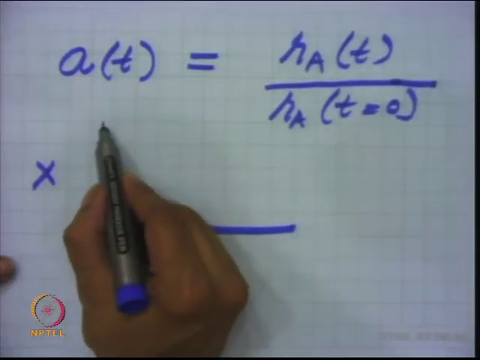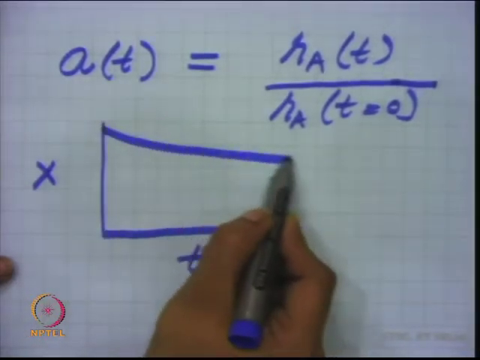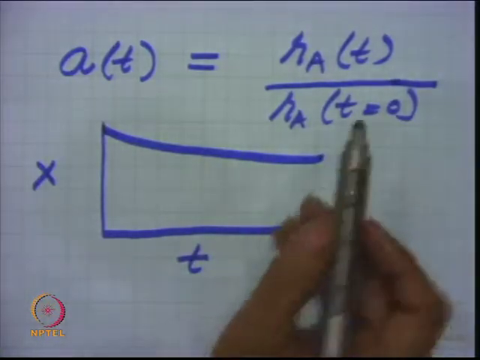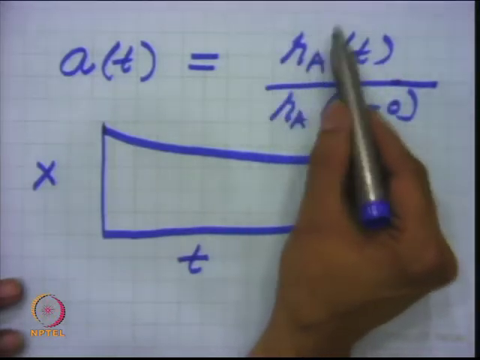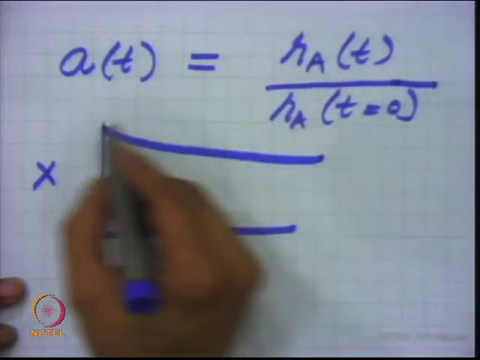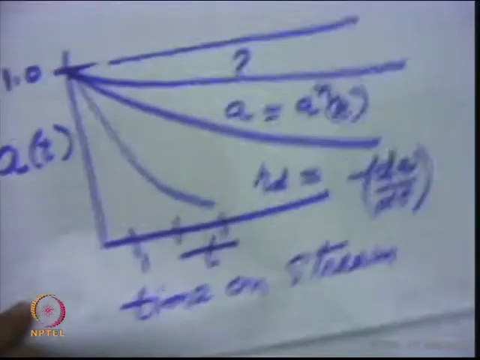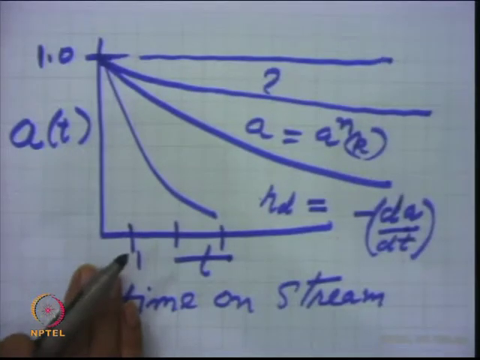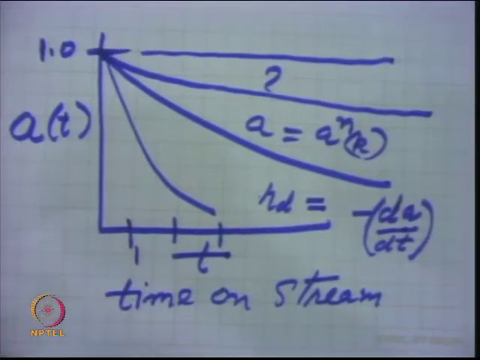If the catalyst deactivates, then the conversion will drop like this, or this can be calculated in terms of the selectivity of the desired product, and rate. So, the activity of a catalyst will drop with respect to time on stream, but as I discussed last time, that will depend on the order of deactivation also. Experimentally, one can find out the deactivation order also.